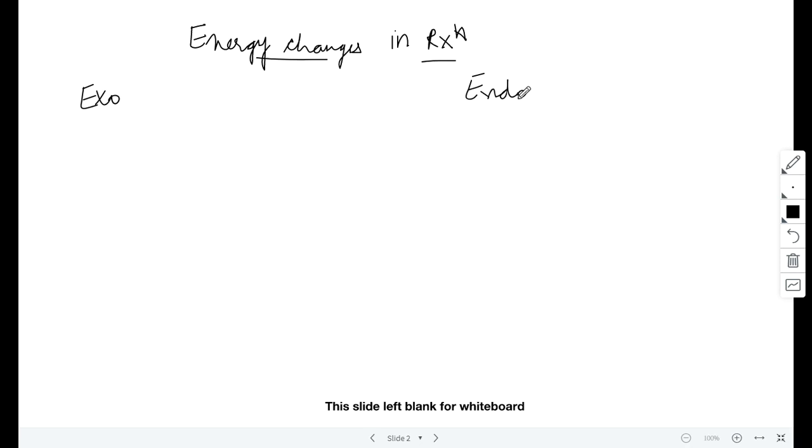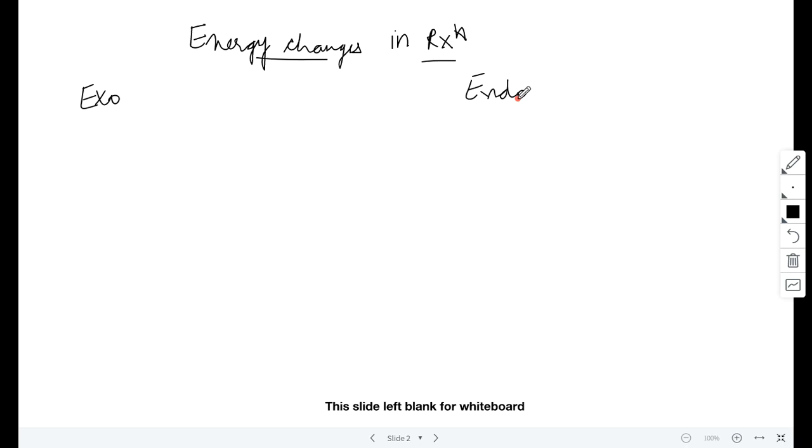So now let's discuss what an exothermic reaction is. From your previous classes, an exothermic reaction is a reaction which releases energy, and an endothermic reaction is a reaction which absorbs energy. This is the simple definition you have been studying.